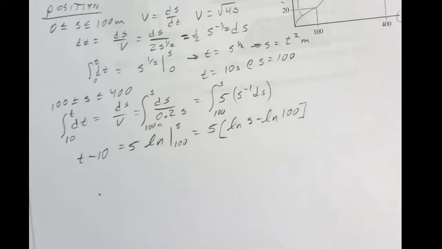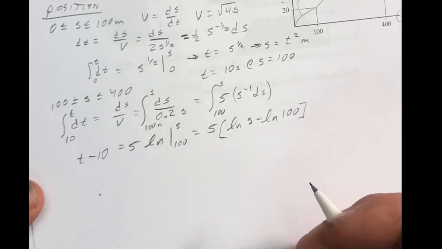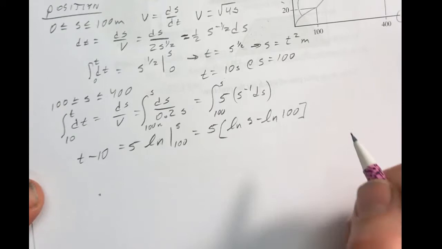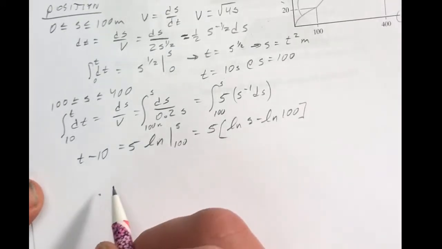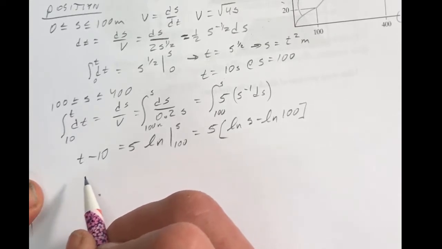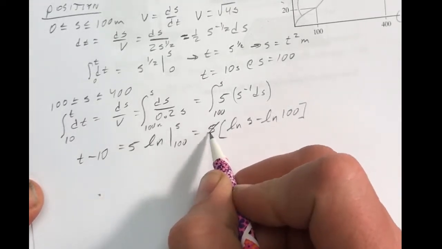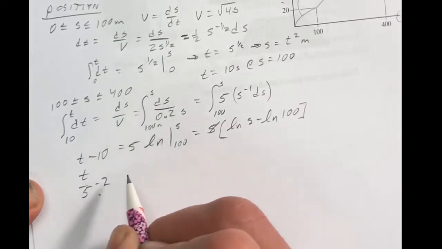Remember, we can do that with natural logs. Let's simplify this. I'm going to divide everything by 5, so I get t over 5 minus 2.